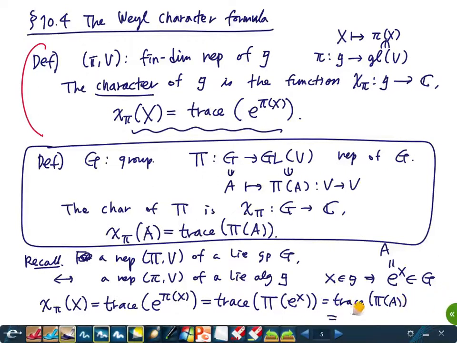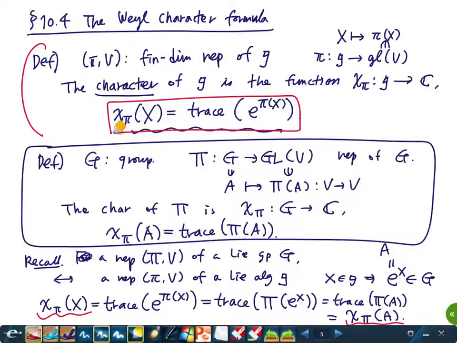This is, of course, the definition of the trace for the Lie group. So in this way, they are naturally equal. And this might be helpful to remember why this should be defined like that. So it's e to the pi of x. It's just the exponential.